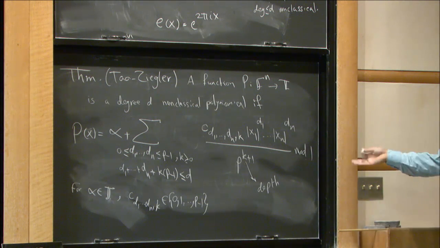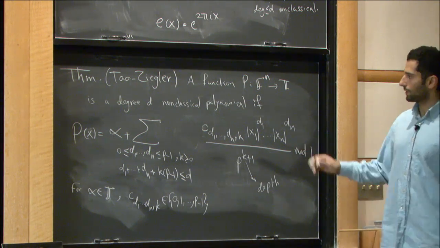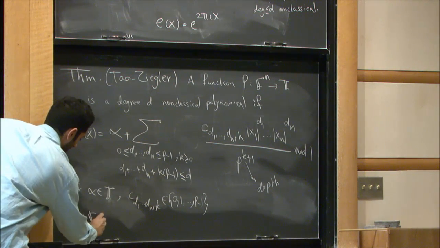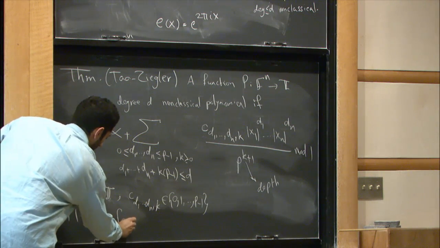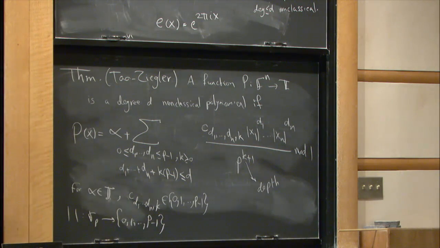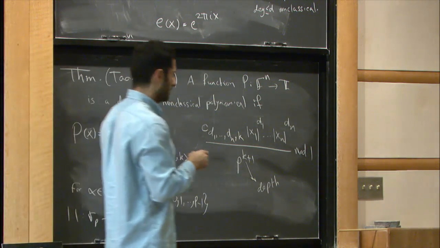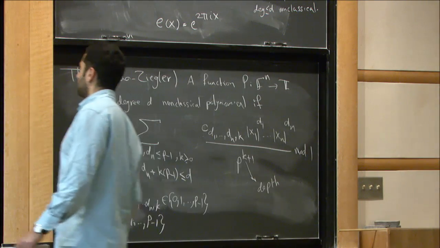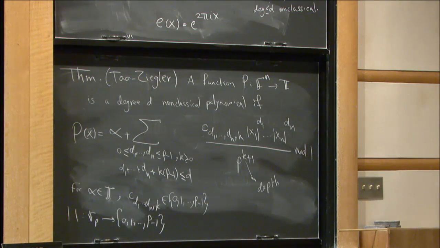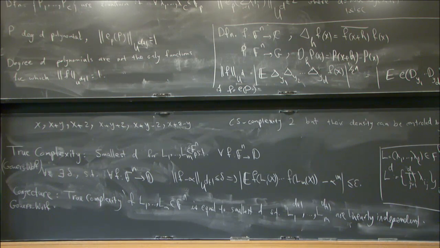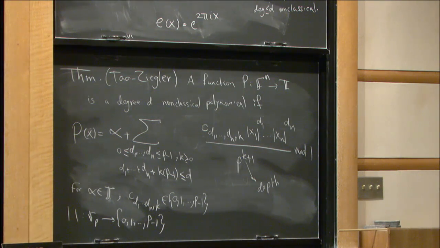So again, what is the absolute value of z? It's the standard map from F_p to 0 up to p minus 1, mapping 0 to 0.